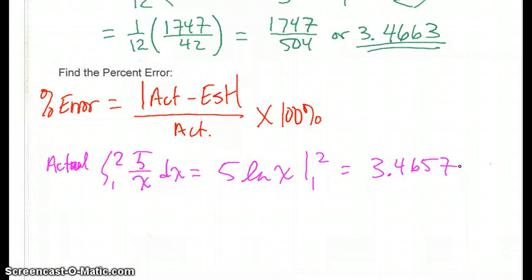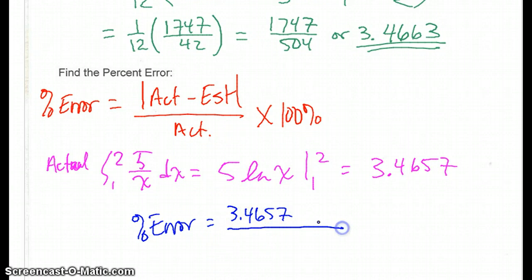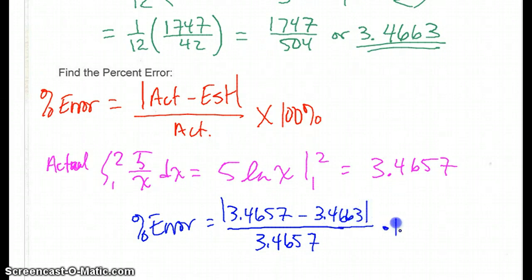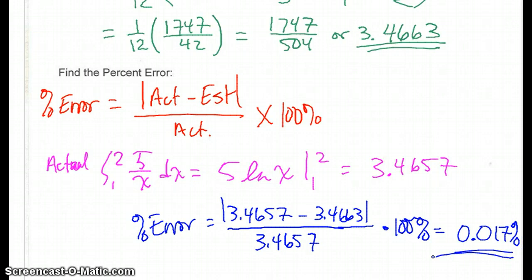So when we calculate our percent error, we should get 0.017%. We did a fantastic job, and this is Simpson's rule.